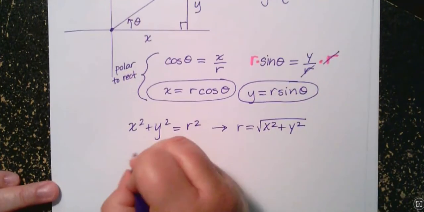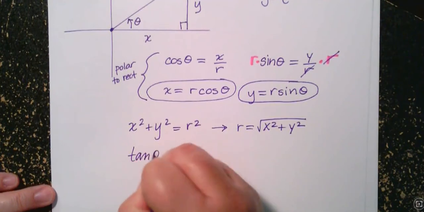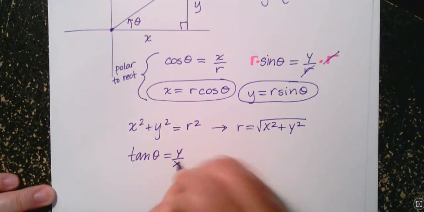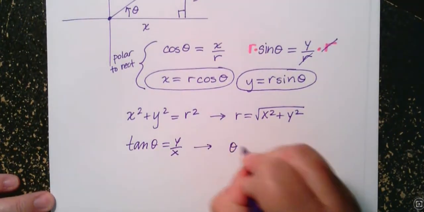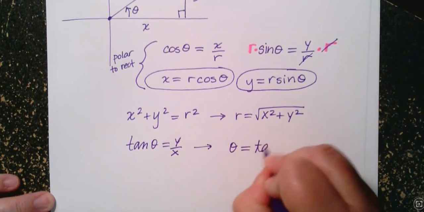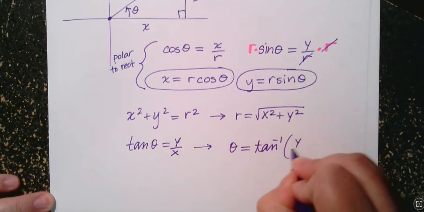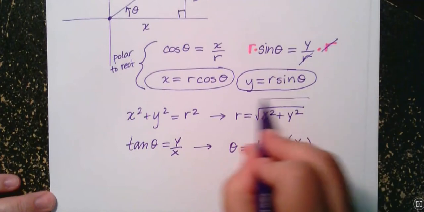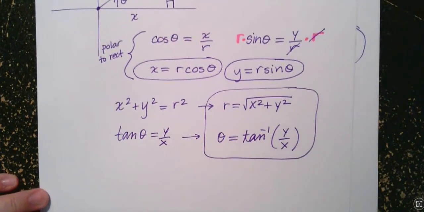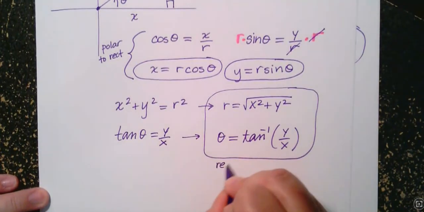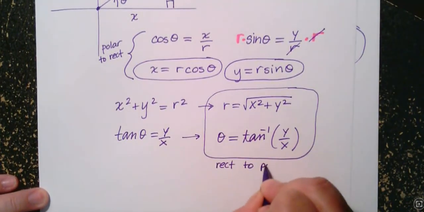So I can use the fact that the tangent of theta equals y over x. And sometimes we go ahead and solve that and say that means that theta is the inverse tan of y over x. And so here are your two formulas if you need to go from rectangular to polar.